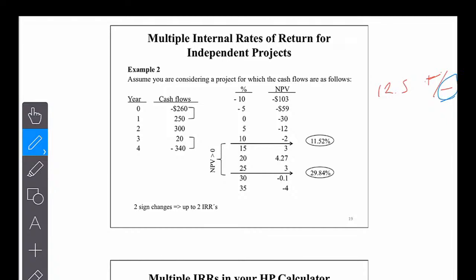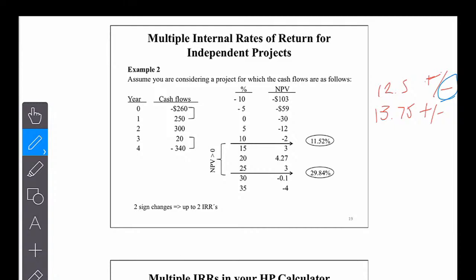So you have to go somewhere between 12.5 and 15, so evenly between 12.5 and 15 would be 13.75. So 13.75 is what you would check for positive or negative.